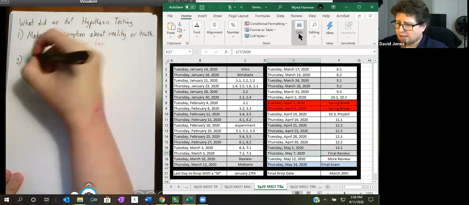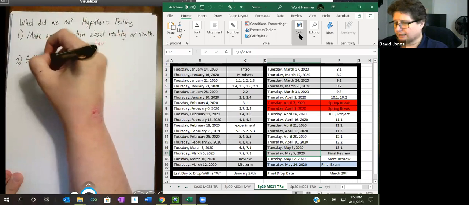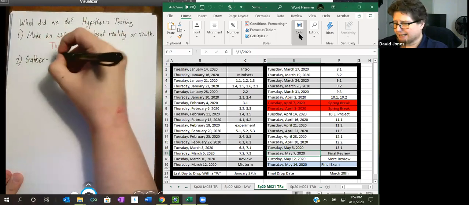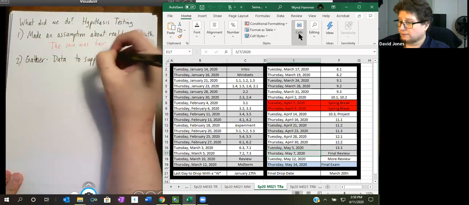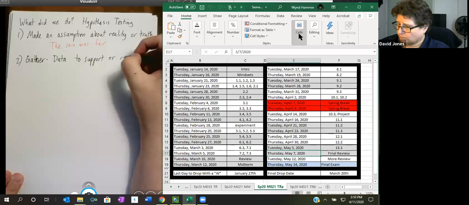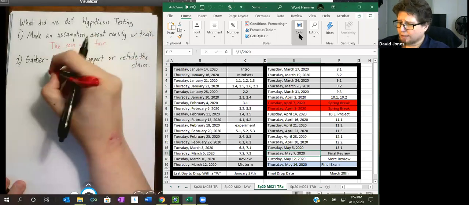Second, what did we do? We did some experimenting. We flipped the coin. We gather data to support or refute the claim. We flip the coin 6 times.